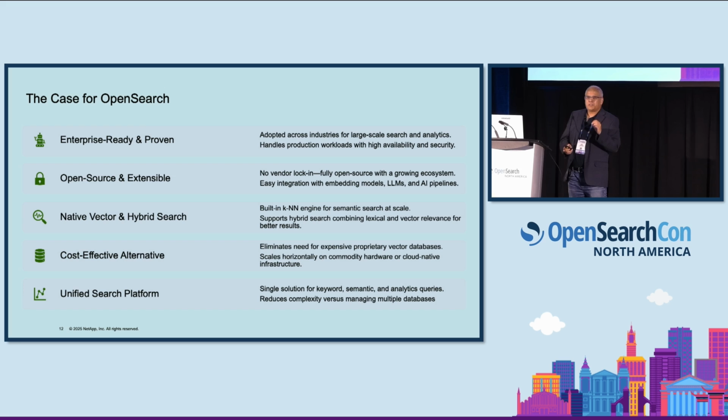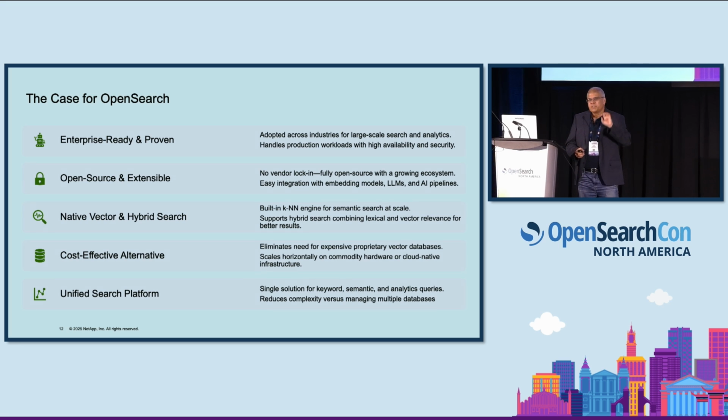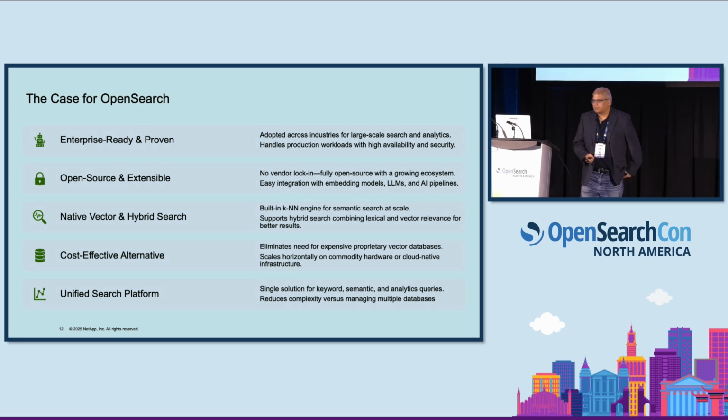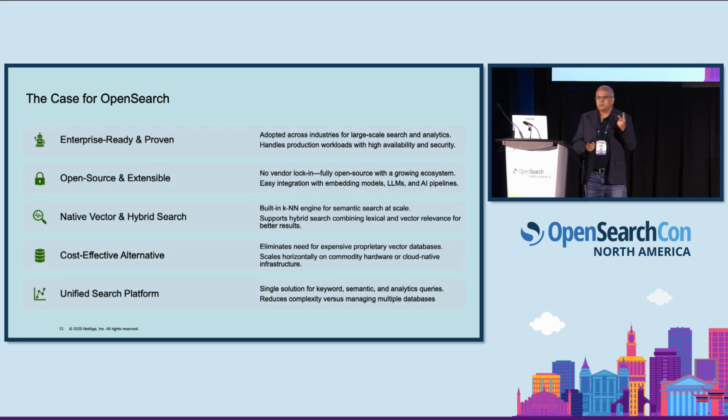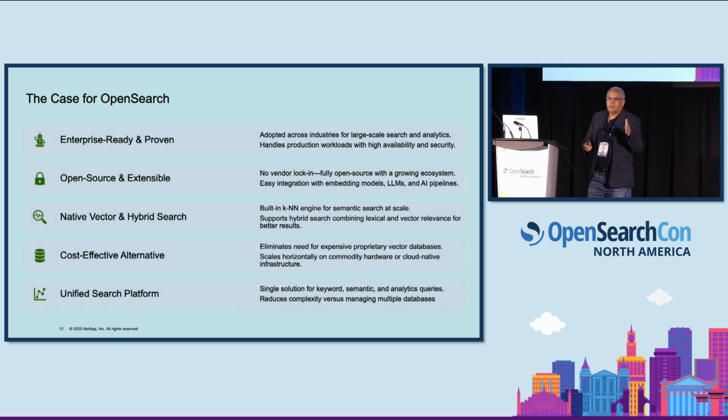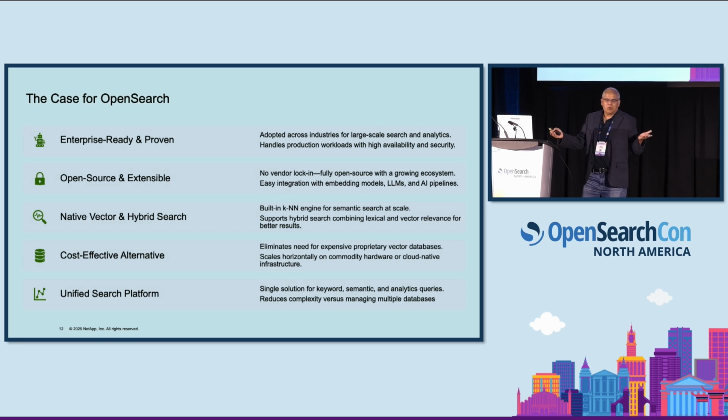Also, one differentiation that OpenSearch has with other technologies is that the vector search is native. So we can do native vector search, and it already has keyword search, so you can do hybrid search as well. Cost effective: I talked about that already, and there are two factors. Number one, OpenSearch itself is open source, so there are no licensing fees.